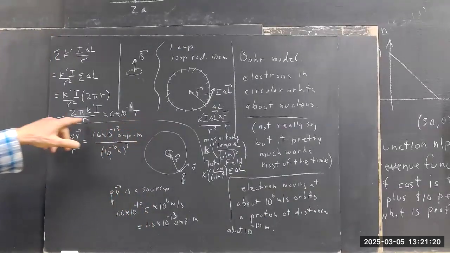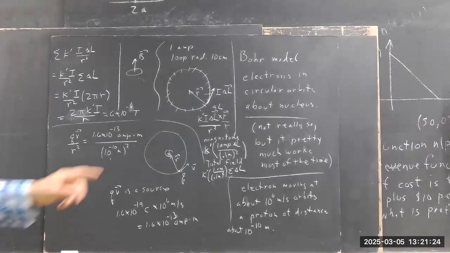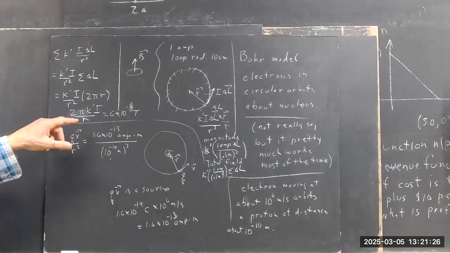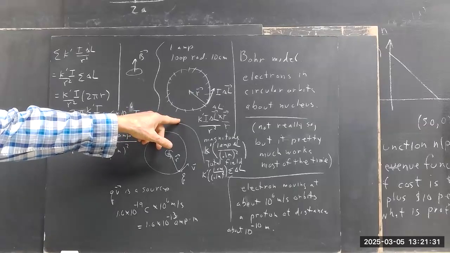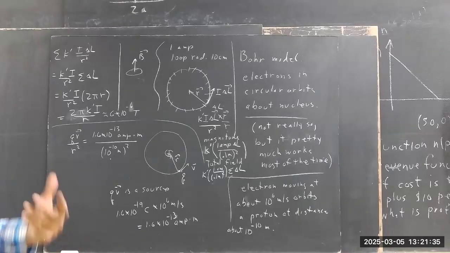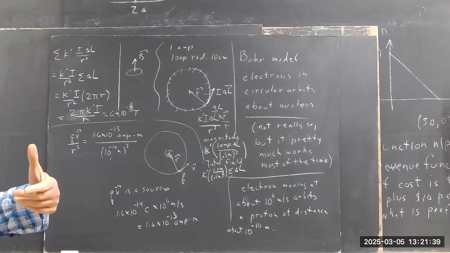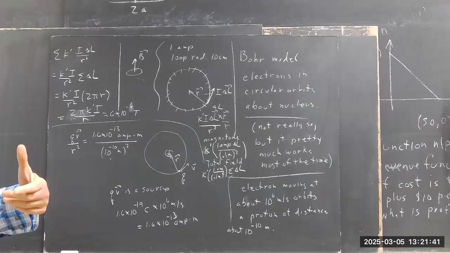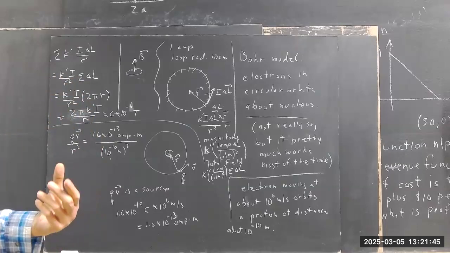So how would that change this result? We still got 1 amp. We've only got 2 centimeters instead of 10. What's that going to do to your result? It's going to increase it by what factor? 2 centimeters versus 10 centimeters, that's 1/5, right?